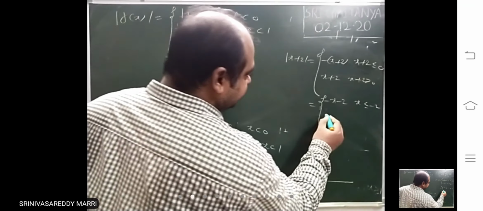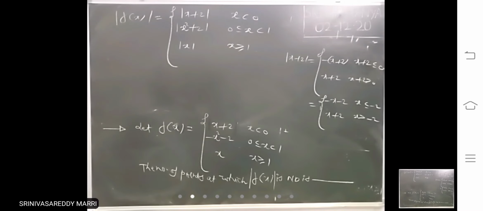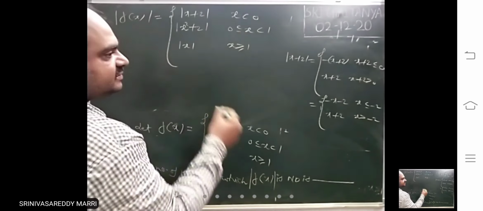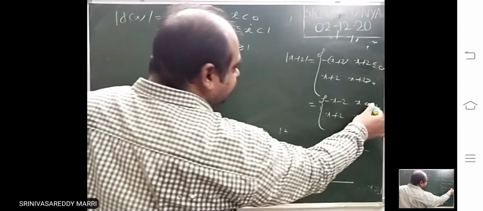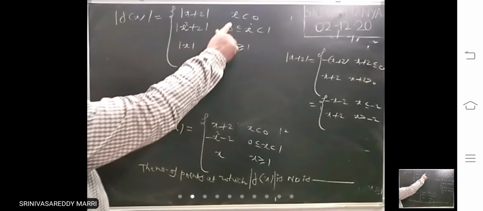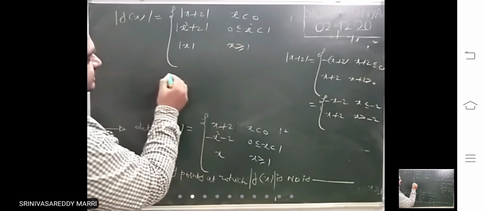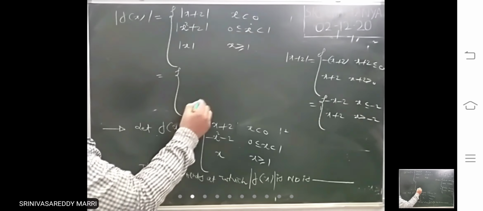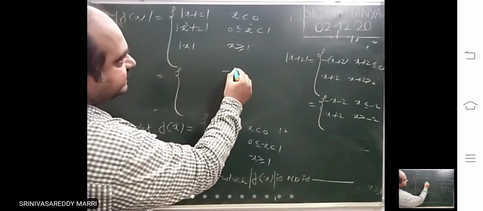Now which to write here? x less than 0 is there. In this, less than minus 2, one part is there, and minus 2 to 0, another part is there. That means I will divide this into two parts.